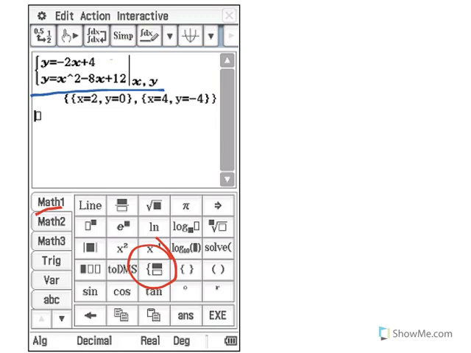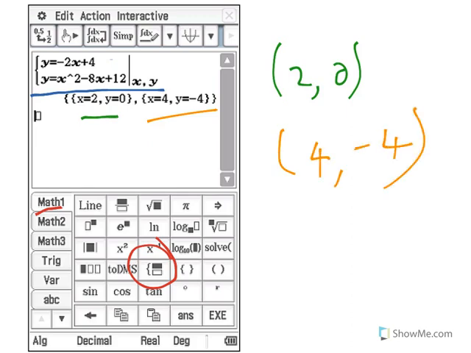These ones are both y equals, but they don't have to be. You just put in your two equations, and use the navigation button to move from cell to cell. Tell it you want both x and y values, and it tells you the x and y values. That one says 2 and 0, and this one is 4 and negative 4, which is the same as what we did by hand.